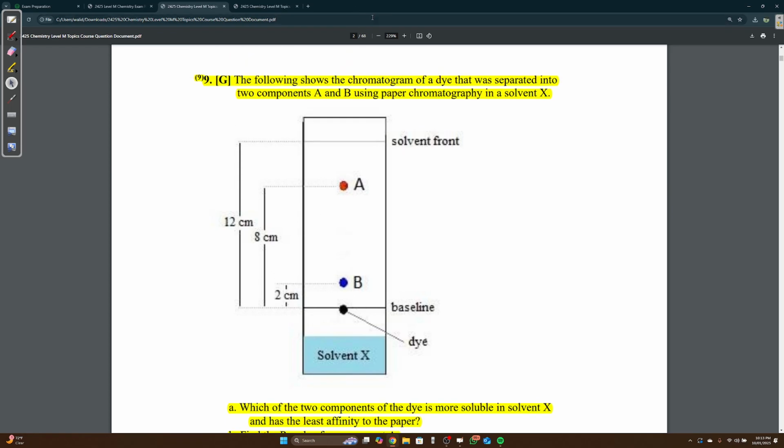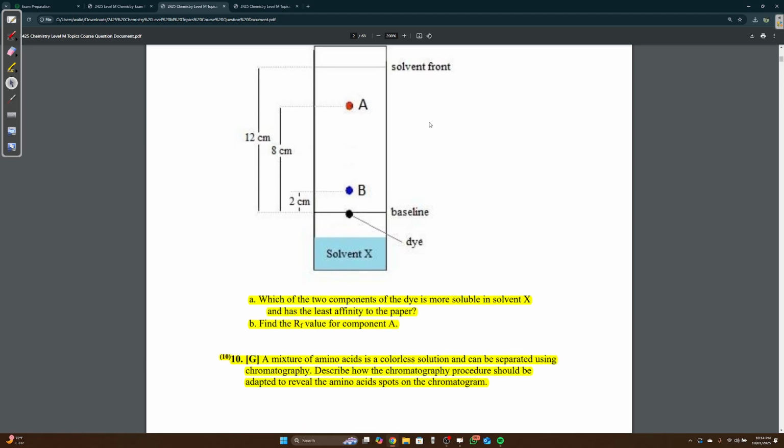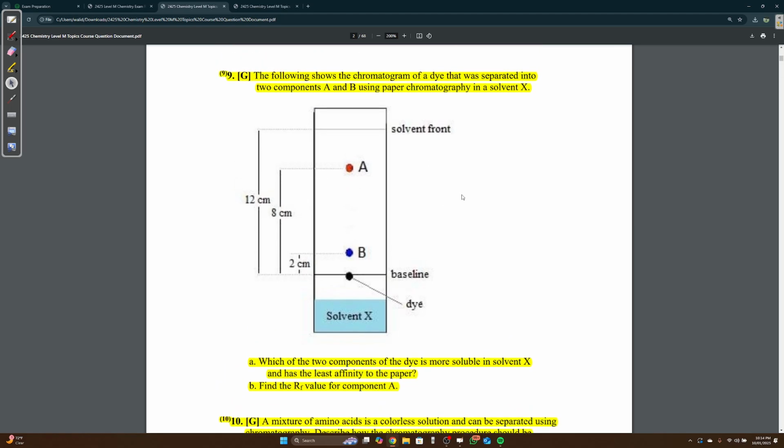The following shows the chromatogram of a dye that was separated into two components A and B using paper chromatography. Which of the following components of the dye is more soluble in solvent X? Obviously, the one that's more soluble in solvent X is A, because it's further and has the least affinity. Affinity is the ability to stick.